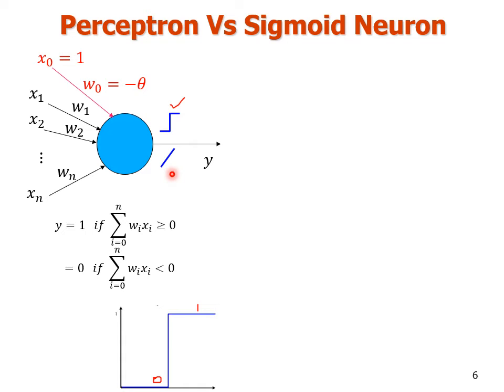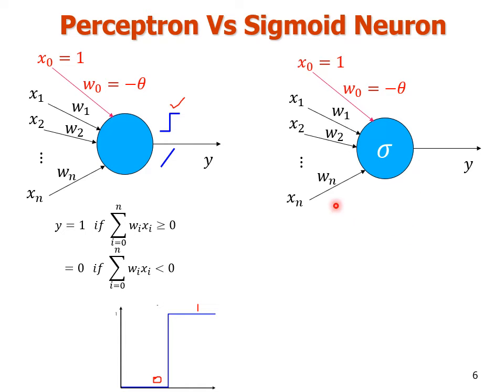Thus, what we actually need is a neural unit whose output is not only a nonlinear function but also it is differentiable. And the solution for this problem is to make use of a sigmoid function or a logistic function as the activation function. So the sigmoid neuron that uses a sigmoid function can be depicted here.